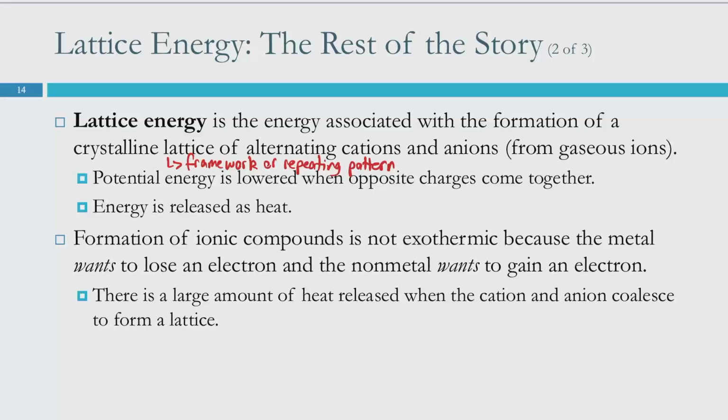Because we've got positive and negative charges, those are attracted to each other, and that's going to cause some stabilization. The potential energy is lowered when the opposite charges come together. Essentially, the magnet force holds them together.